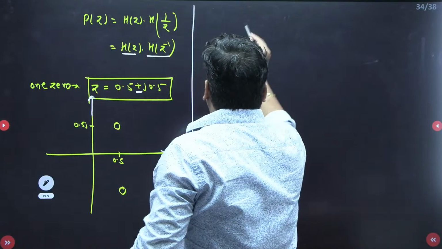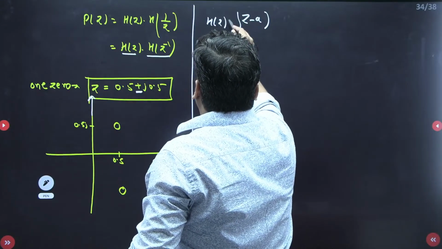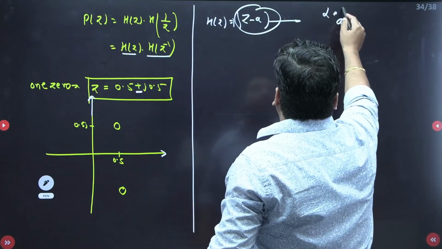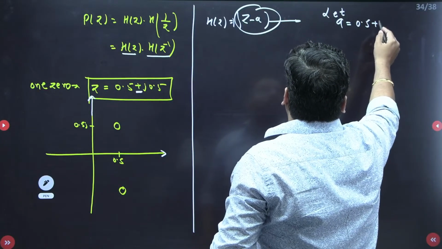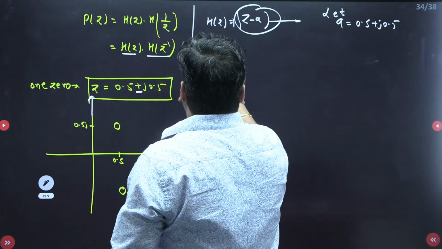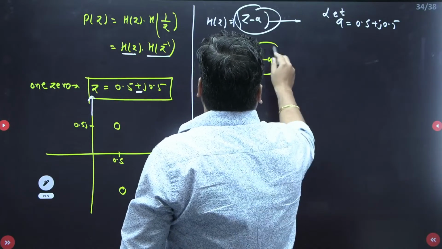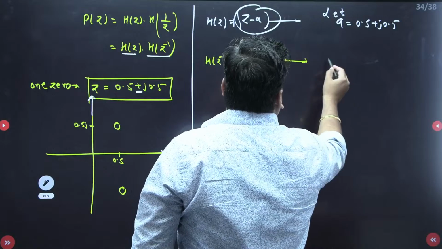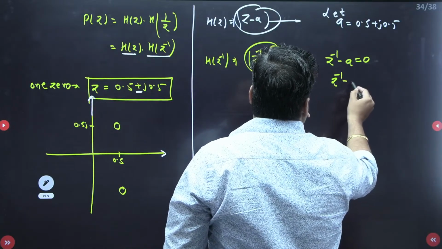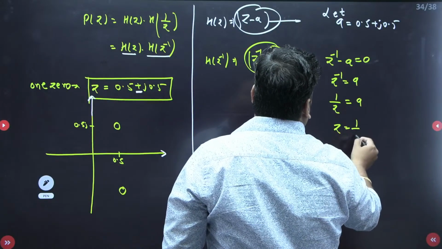It means if it is a zero, then z minus a. Suppose let me take H(z) provides this zero to you, and let the value a be 0.5 plus j 0.5. Then H(z inverse) will have the zero, H(z inverse) will be z inverse minus a, and to find the zero, we have to equate this term equal to 0. So z inverse minus a equal to 0, z inverse equal to a, 1 by z equal to a, so z equal to 1 by a.